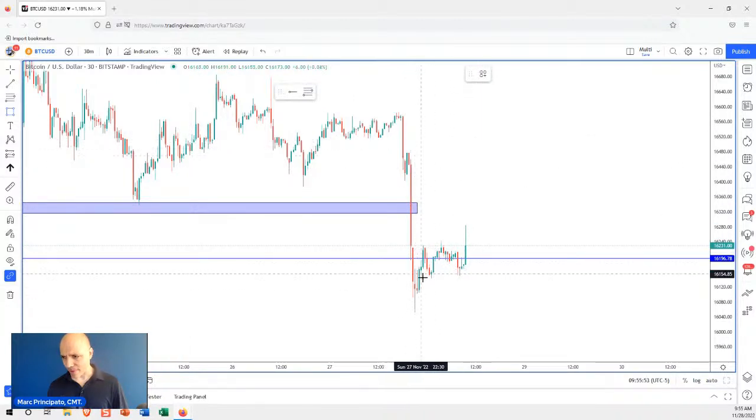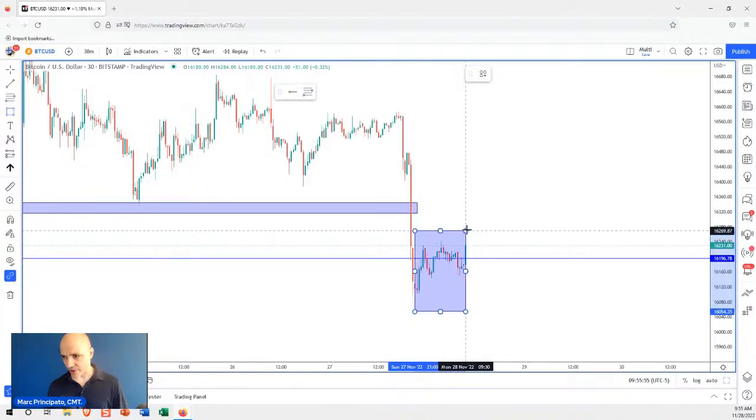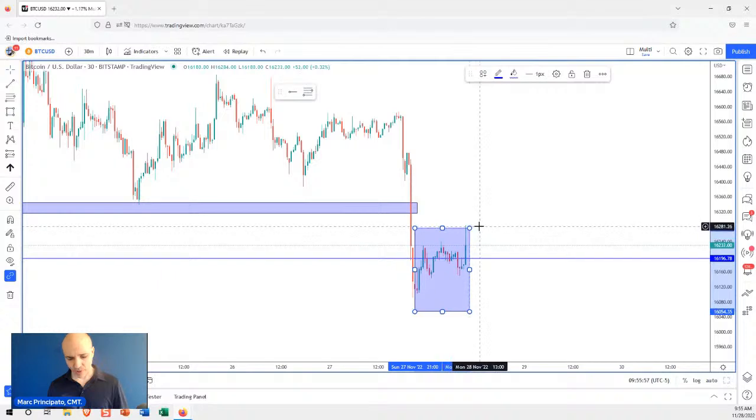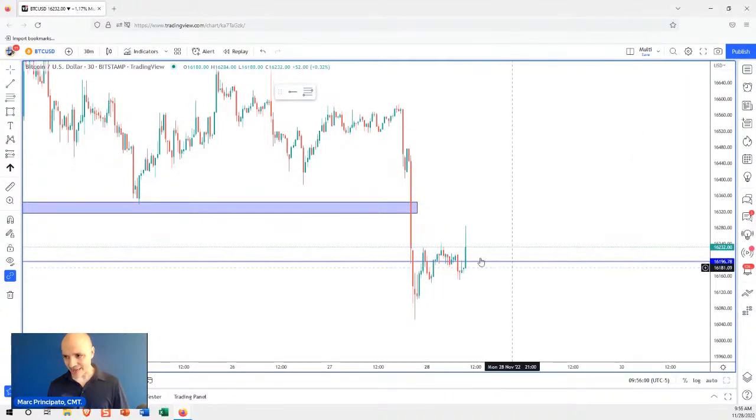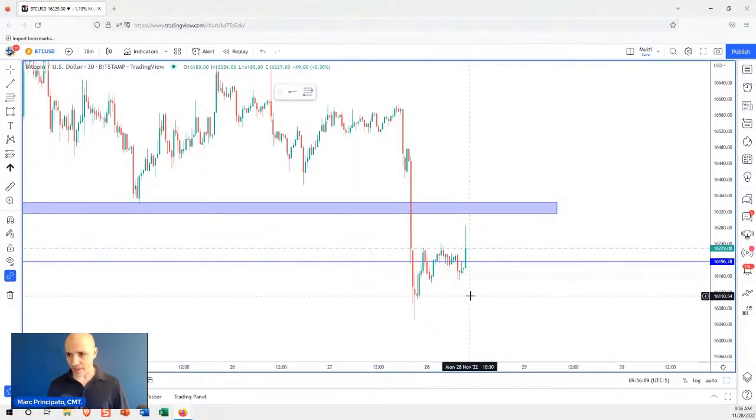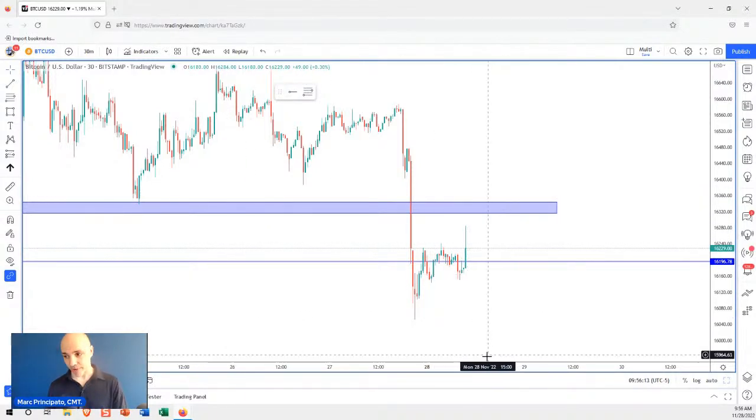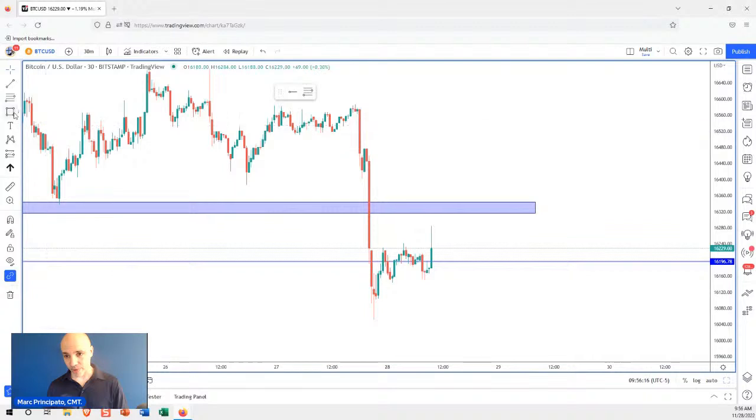So we have that momentum, and then we have this structure here, which is some sort of consolidation inside of this support area. All right, and we are now looking for other levels to coincide with this. Right here, it's an old support, which is now the resistance we're looking at as a day trader. That's our day trade resistance.